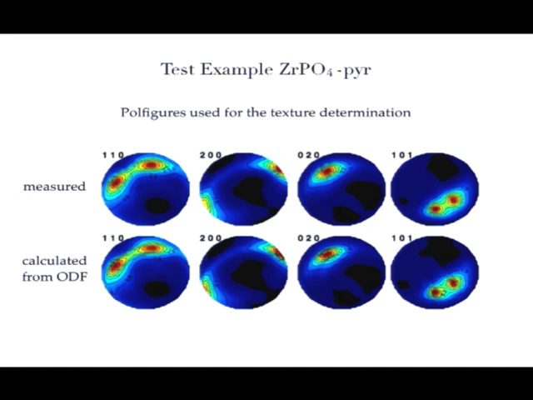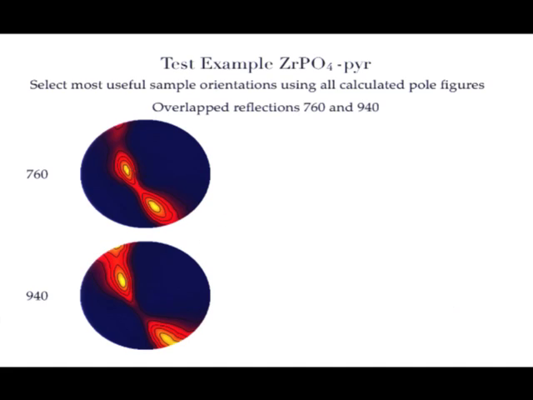Now, if we want to deconvolute overlapping reflections, we have to calculate, as I said, the pole figures. That's, for instance, for these two reflections which are overlapping. But if we now look here, there is no information. So we have to find the most useful orientation to deconvolute these two peaks.